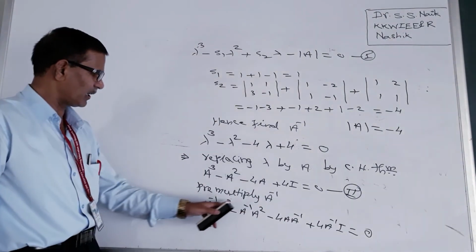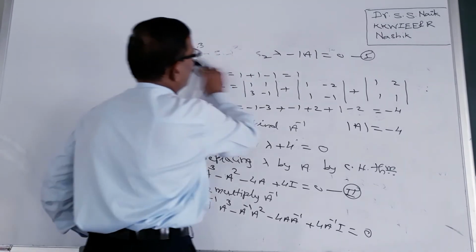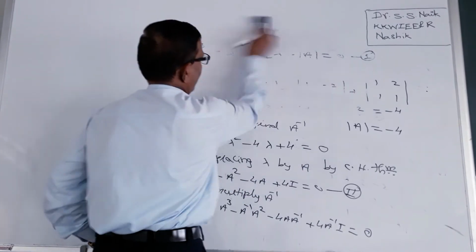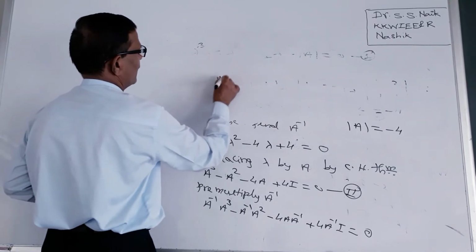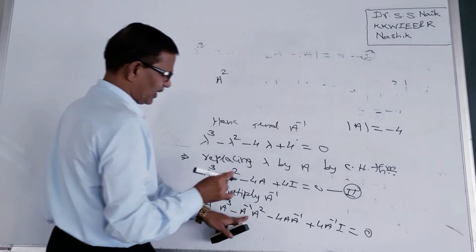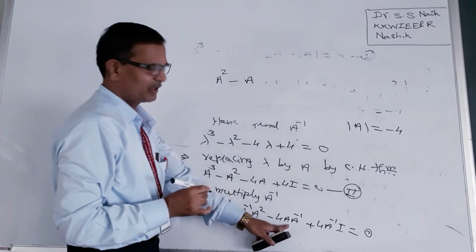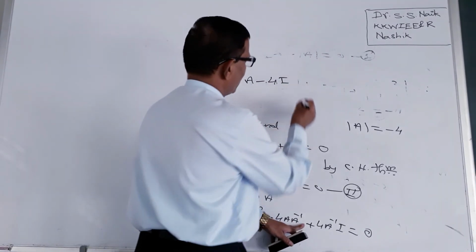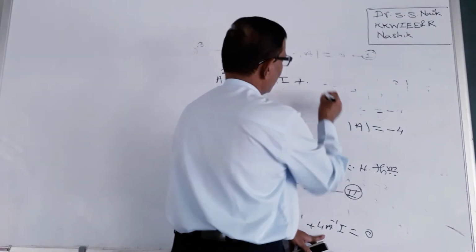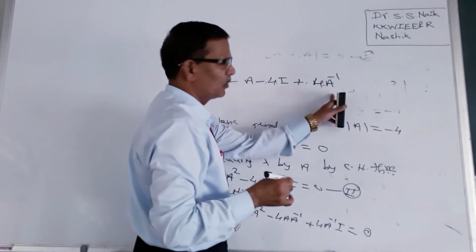When you multiply A cube by A inverse, one of the A will get cancelled. You get A square from this, then one A will get cancelled, minus A from this, then A into A inverse is equal to I, so minus 4I. And you have plus 4A inverse, because A inverse into I is equal to A inverse, and this is equal to 0.